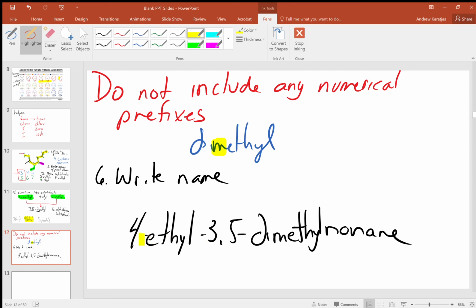And when you're writing this out, a couple of pieces of formatting. In between a number and a name, we always put a hyphen. In between two numbers should be commas. And then between the last substituent and the parent name, no space at all.